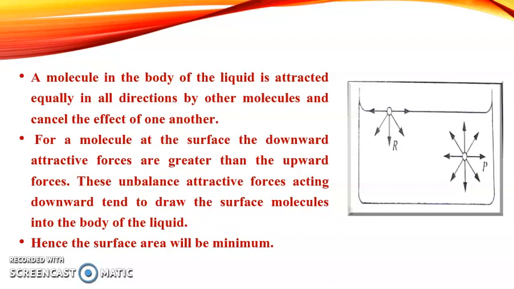The molecule P is in the bulk or body of the liquid and the molecule R is at the surface of the liquid. And the arrows indicate the forces of attraction from other molecules in the liquid.